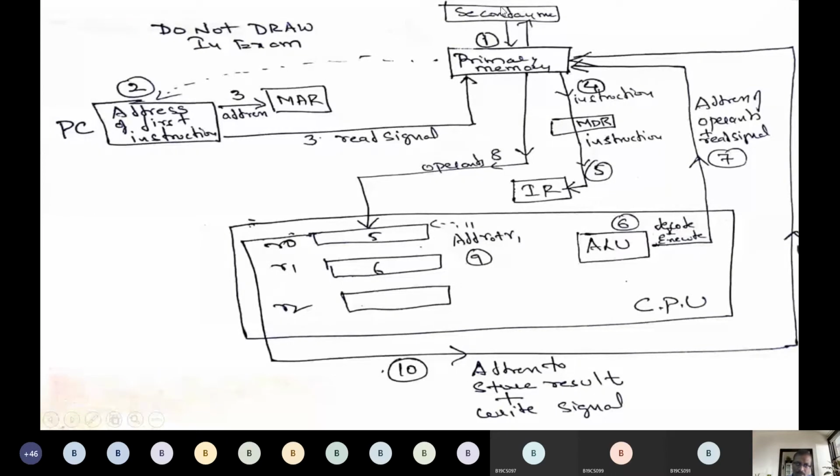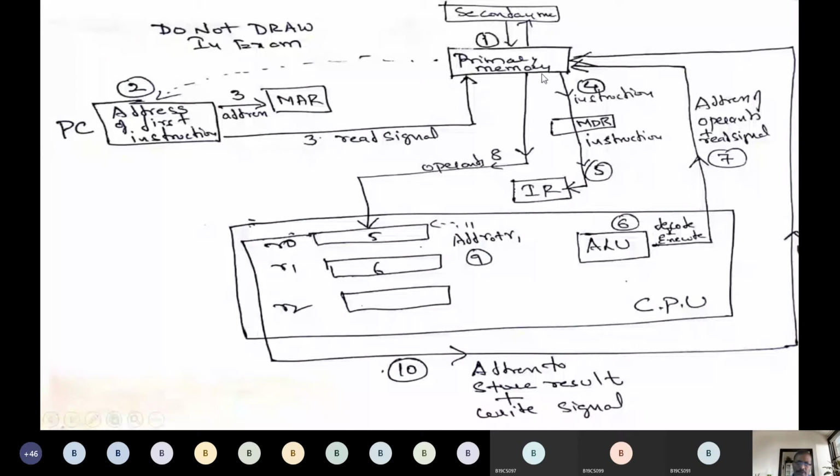If it consists of 5 statements, the entire program is loaded into primary memory. Out of 5 statements, only one statement, or we can say one instruction, is loaded at a time and executed by the ALU. But it is not directly loaded and executed, so let's see.